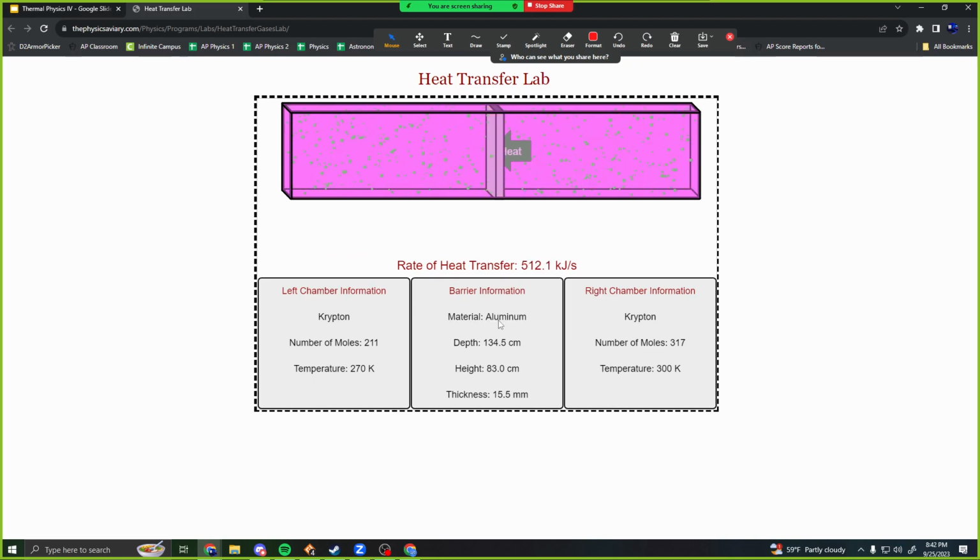Okay, same for copper. Aluminum is also pretty high. Okay, and brass is also a pretty good one. It's not as good as the others in terms of being able to conduct the heat through, but definitely silver for sure. So I mean, you can look at different gases as well. If I increase the temperature of these, now you notice if they're at the same temperature, there's going to be no rate of heat transfer because they're in thermal equilibrium.